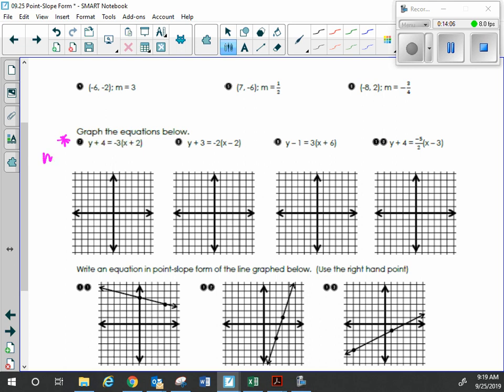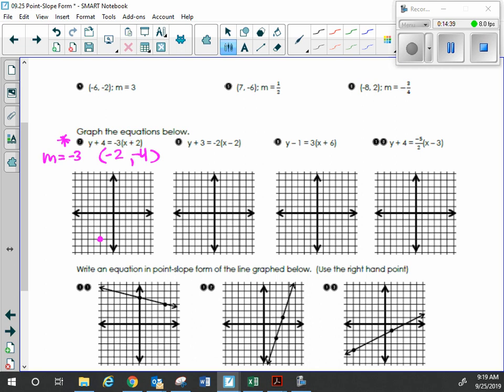I have a slope of -3, and I have a point. If it's y plus 4, what does that mean for my y value? -4, because the formula has a subtraction, so if it's plus, it started out as negative. Okay, and x plus 2, so -2. Start with that point. So (-2, -4) is your first point.